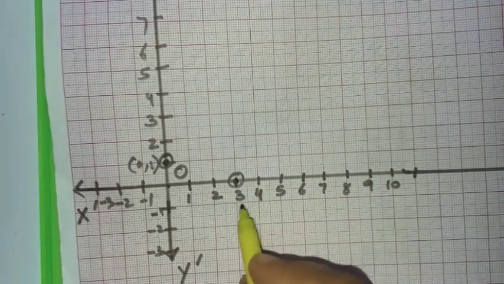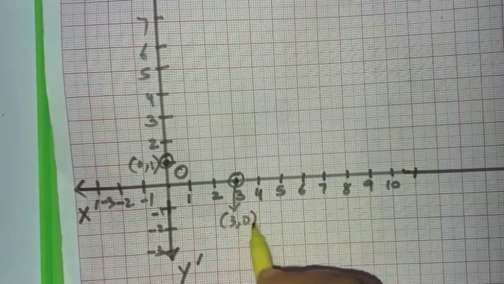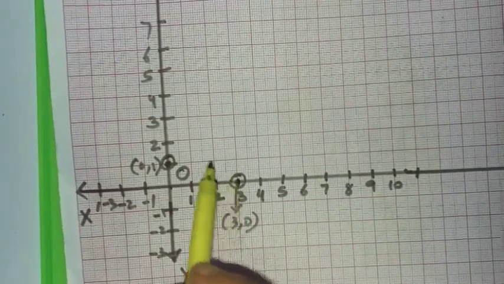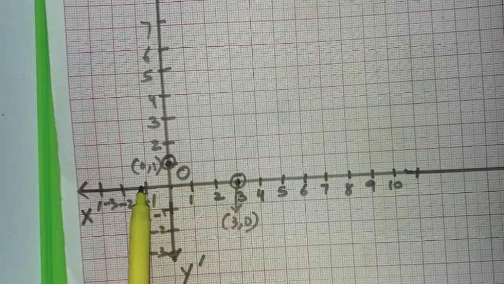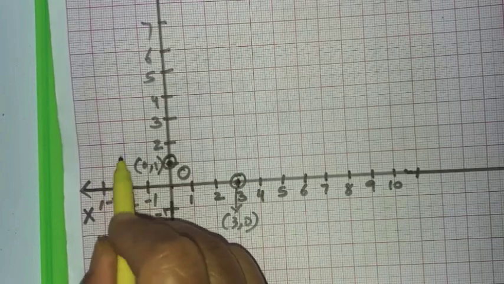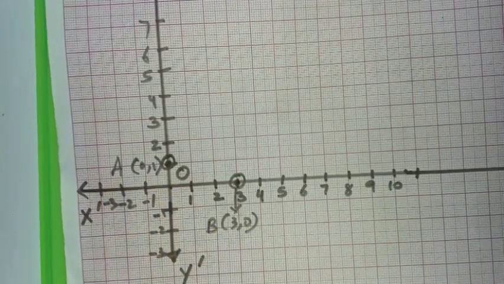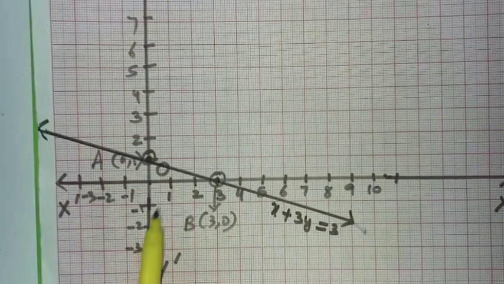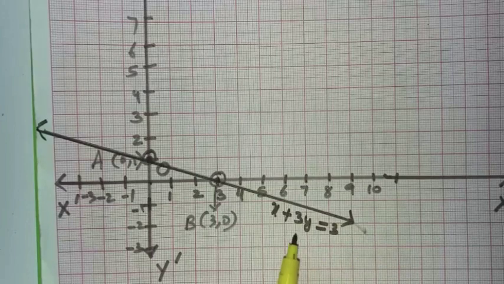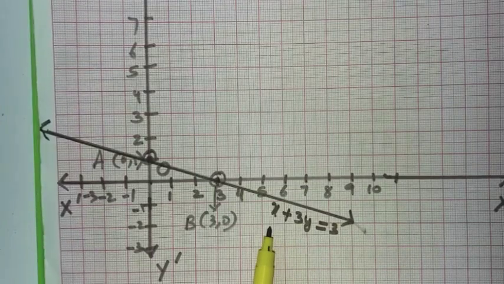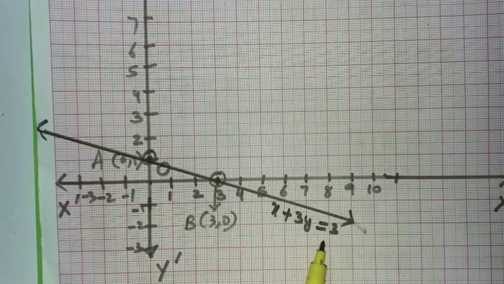We circle it and we mark the point as 3, 0. So now my next job is to join these 2 points. Join the coordinates of the point A 0, 1 and B 3, 0. I joined the points A and B and I got this straight line, and this straight line represents x plus 3y equal to 3. Equation of this straight line is this.